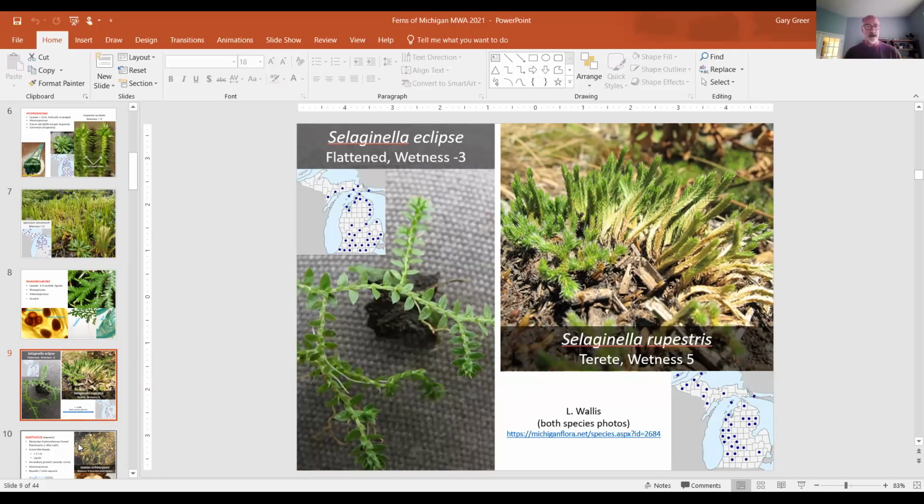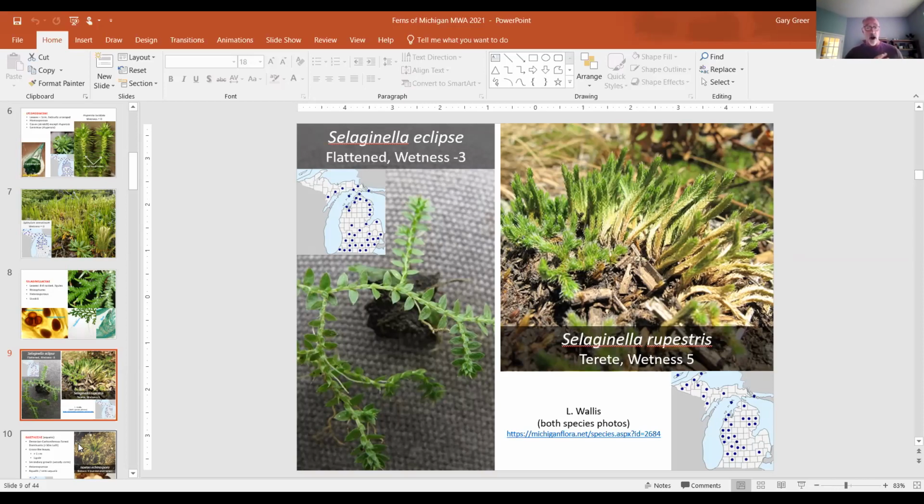It's fairly common in the southern tier of counties, and then it kind of reappears sort of along the border of the tip of the glove and into the UP. Kind of peculiar distribution, but it is very much associated with wetter habitats with a wetness index of -3. So it could be that just in the habitats it's occurring in, there's so much other vegetation, I'm just missing it when I'm looking for it.